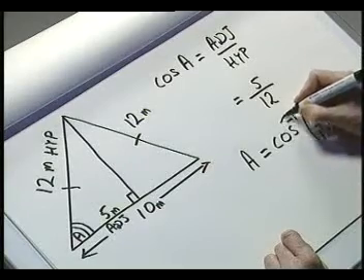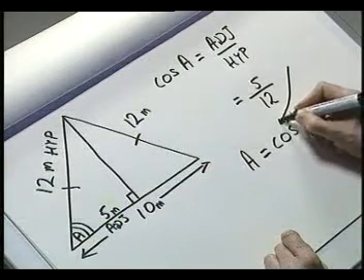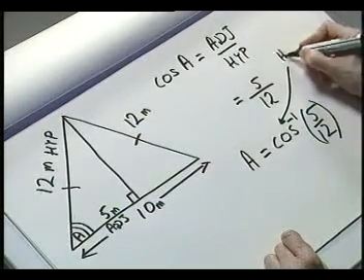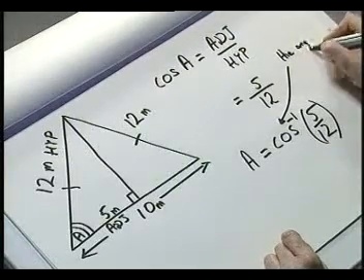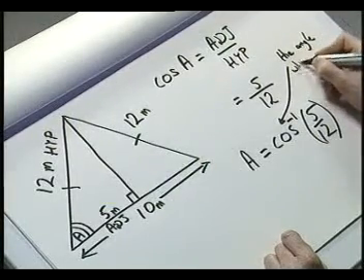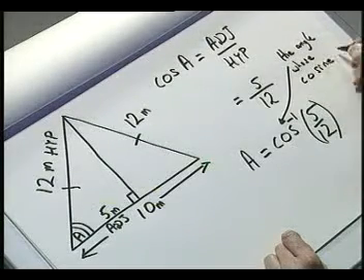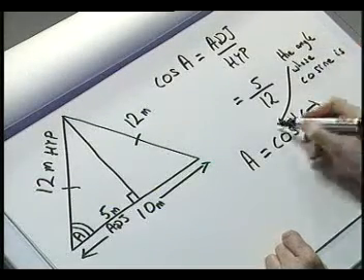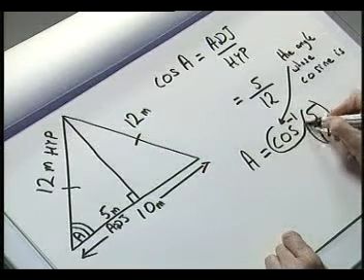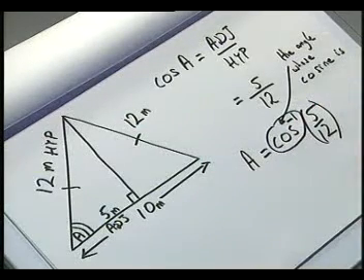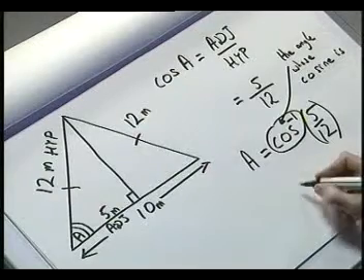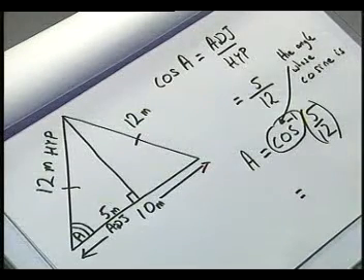So let's put an arrow onto that and write that down. The angle whose cosine is. That's what this piece of notation means. And now I've got to work that out.